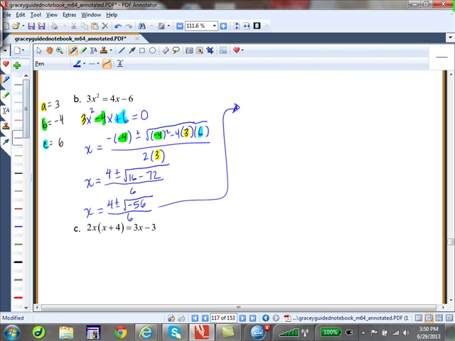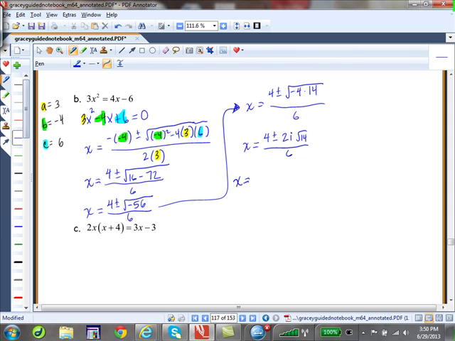Now, 4 is a perfect square, and it's a factor of 56. So we'll get x is equal to 4 plus or minus root, I'll just write it as negative 4 times 14 all over 6. So x will be 4 plus or minus 2i times root 14 over 6.